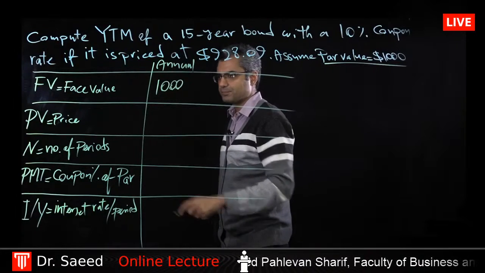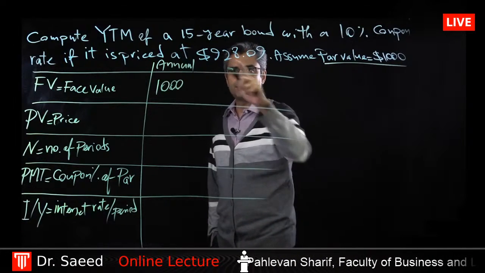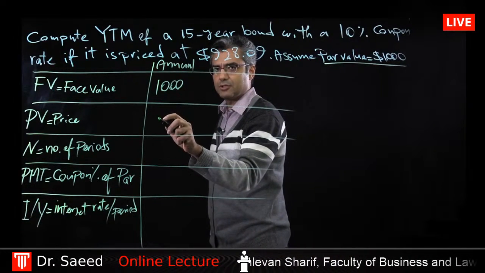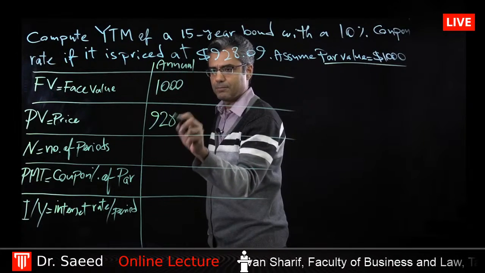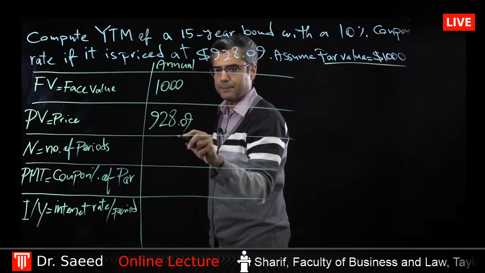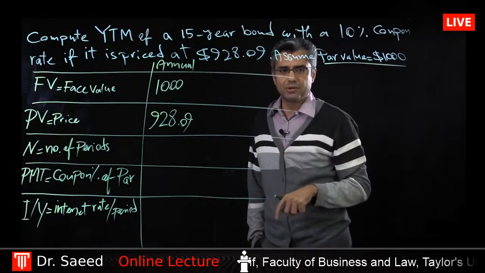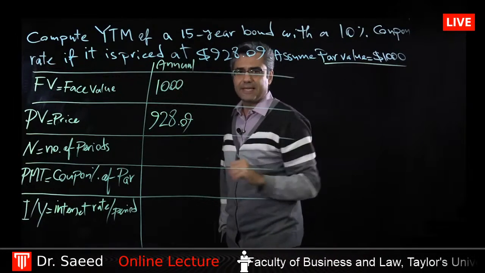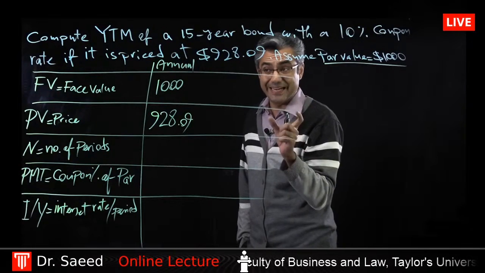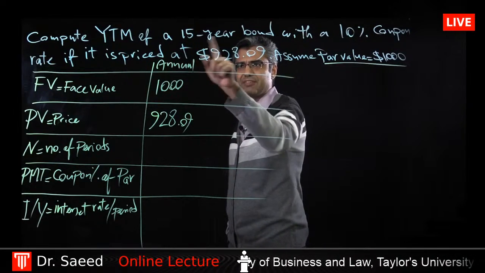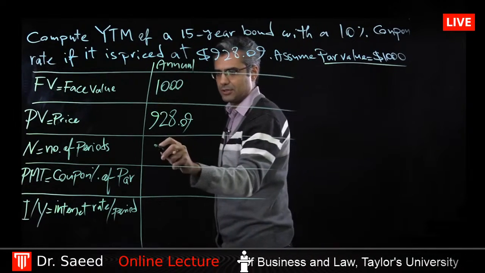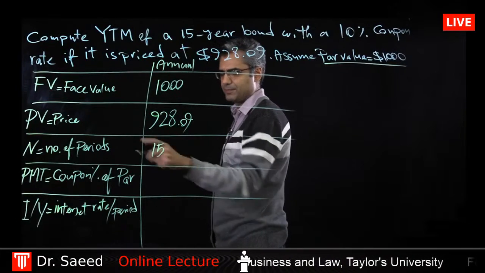The price of this bond is $928.09. Number of periods till maturity: it's a 15-year bond and we assume it's annual, so the period is a year. We have 15 years, which means 15 periods. So the number of periods is 15.